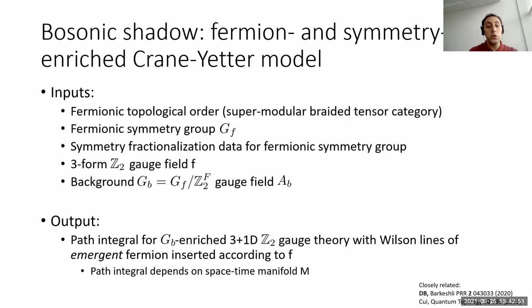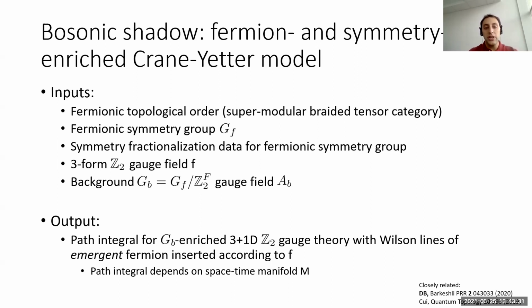And we're also going to have a background gauge field for the bosonic symmetry group, which is the full fermionic symmetry group quotient fermion parity. And the output of this model is going to be a path integral for a G_b enriched Z2 gauge theory in 3 dimensions. And it's going to have Wilson lines of the emergent fermion. So this is the Z2 charge, which is in this Z2 gauge theory, inserted according to this three-form gauge field F. And of course, the value of this path integral is going to depend on some space-time manifold M.